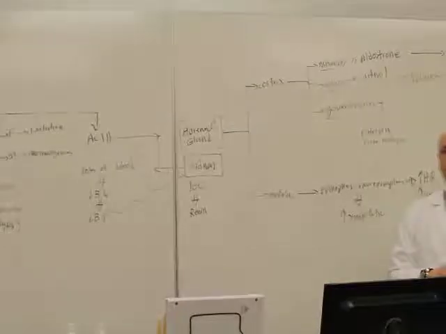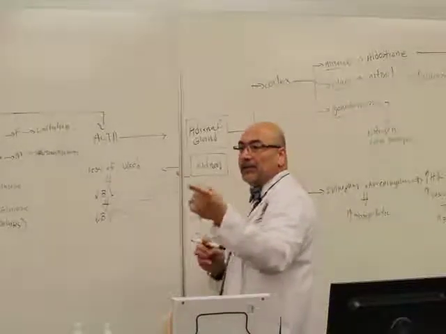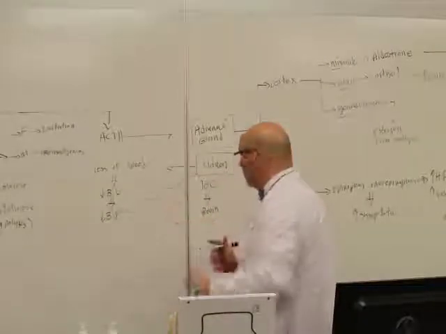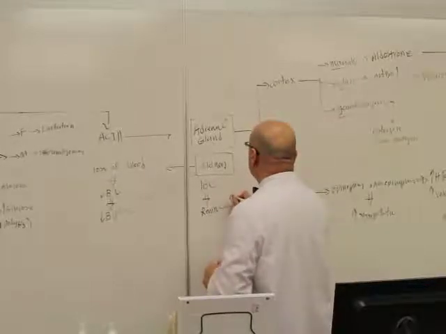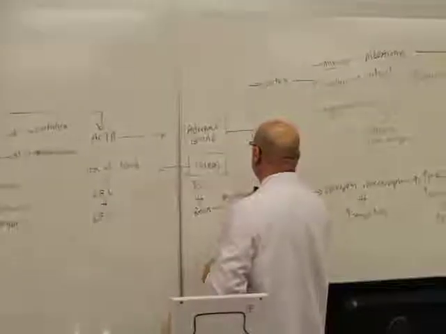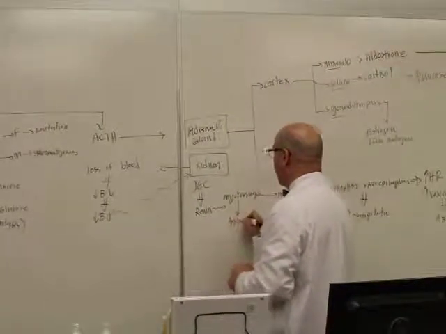Okay? And then renin will activate the angiotensin mechanism. So we call it the renin-angiotensin mechanism. So renin does this: angiotensinogen conversion to angiotensin 1.